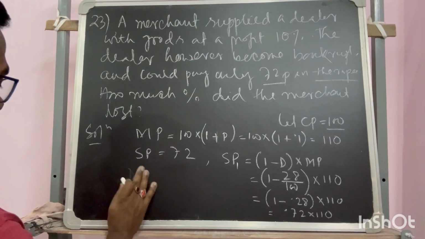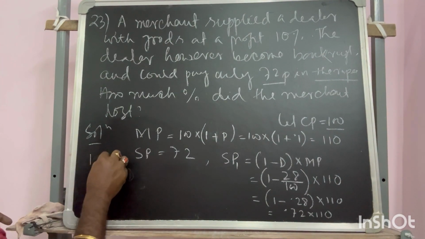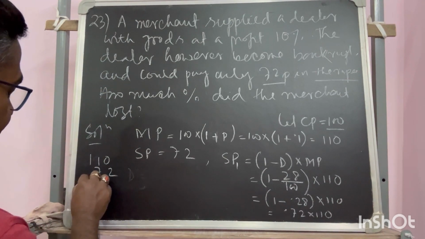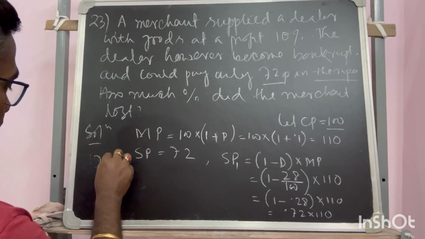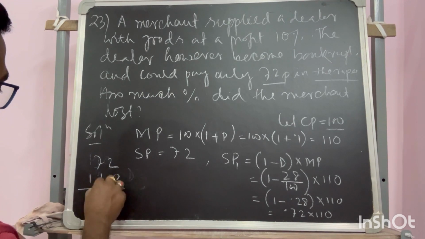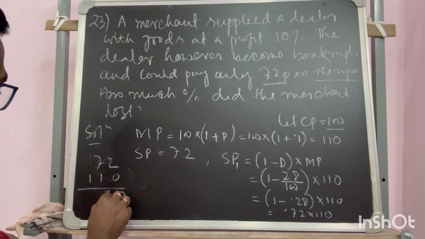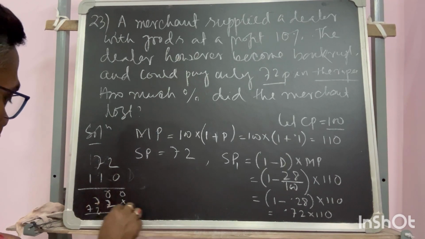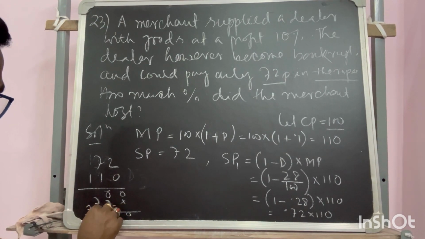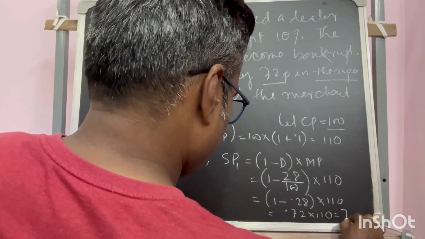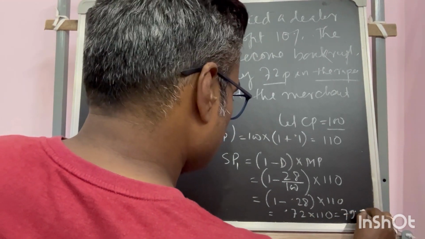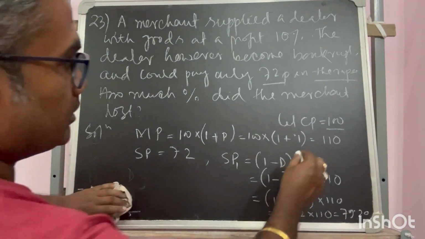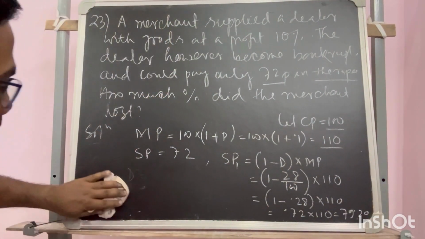What would be the result? 110 times 0.72 gives 79.20. This is the price he is paying against the market price.